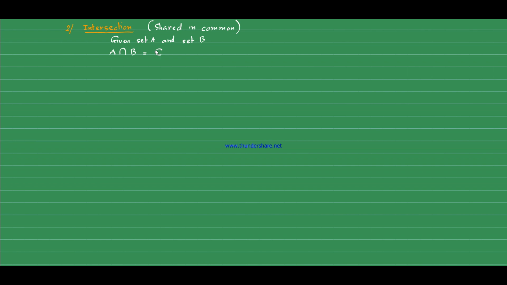I'm going to call it set C. This set C contains all elements in set A and set B.